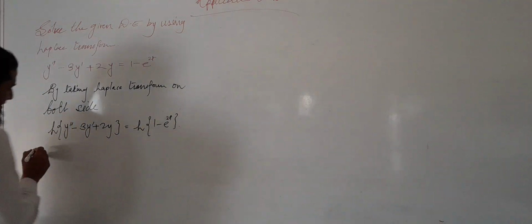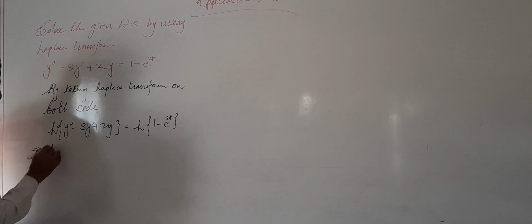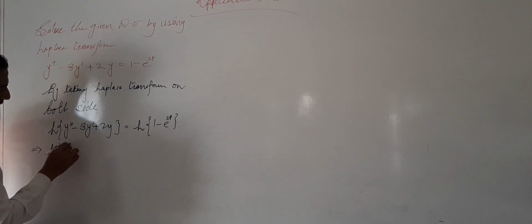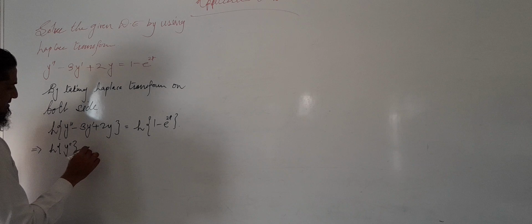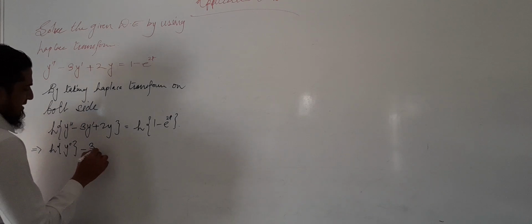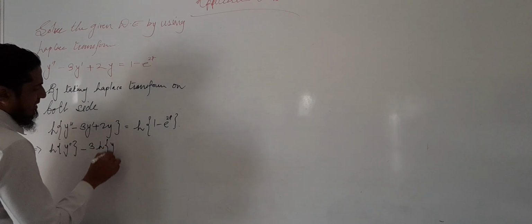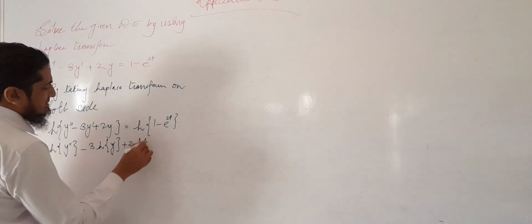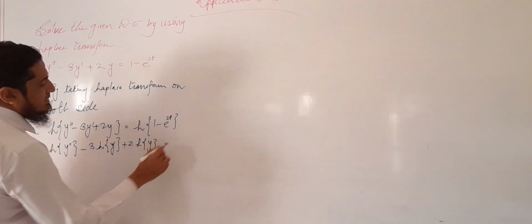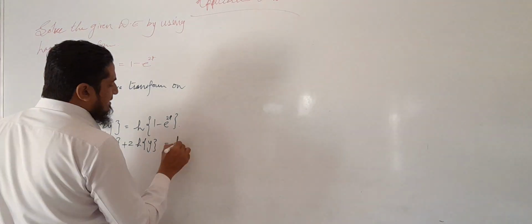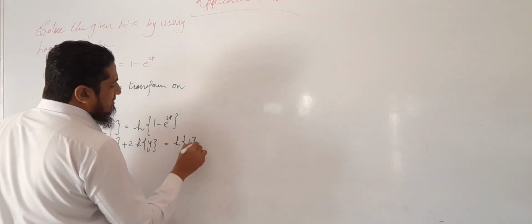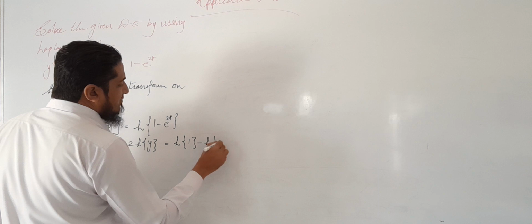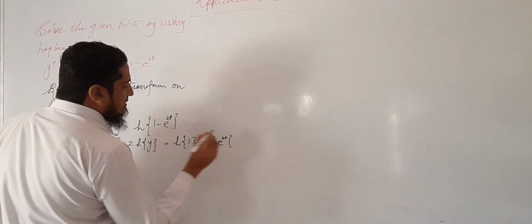So we can write it as follows: Laplace transform of y double dash plus, taking 3 constant outside, Laplace transform of y dash plus 2, taking it outside, Laplace transform of y is equal to Laplace transform of 1 minus Laplace transform of e raised to 2t.